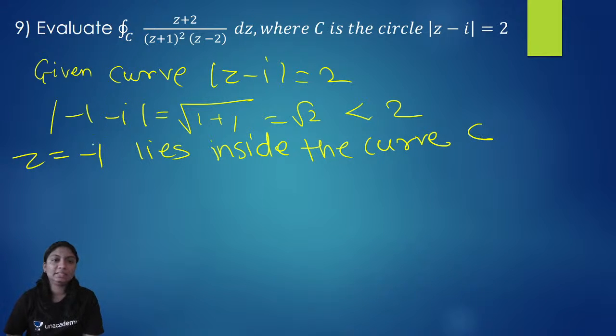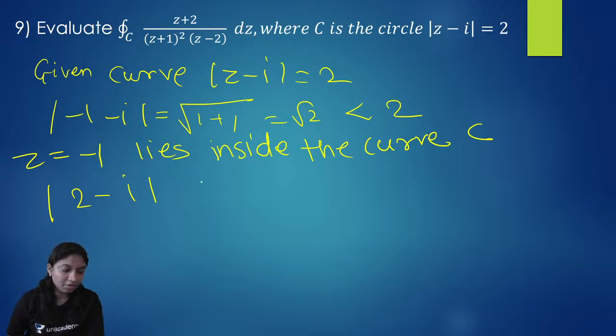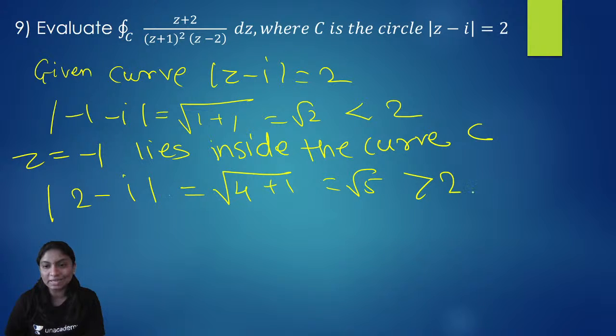Now put z is equal to 2. So mod of 2 minus i is equal to the square root of 4 plus 1, root 5. Obviously it is greater than 2.